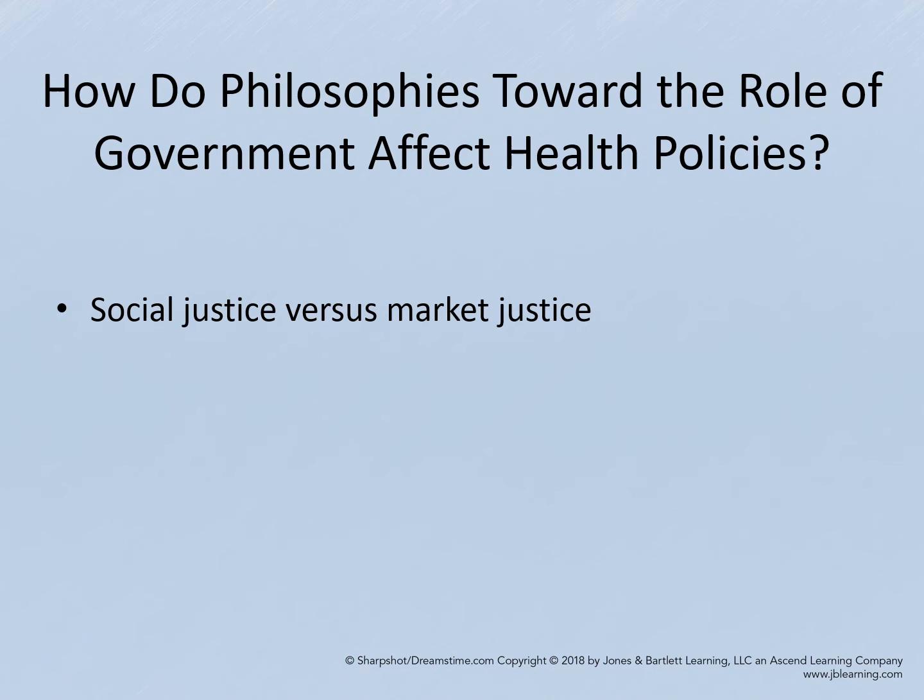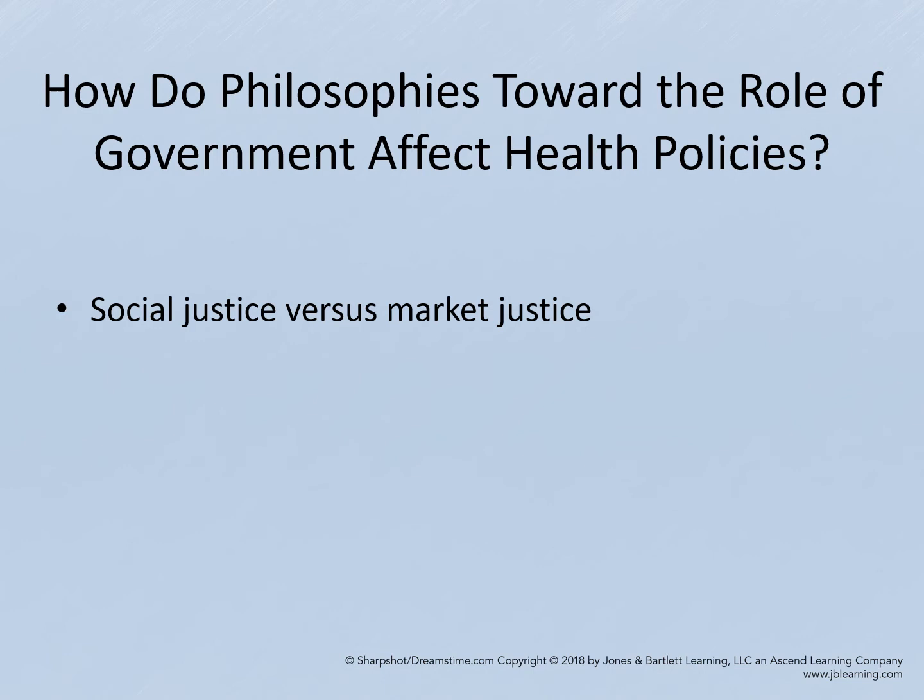The social justice approach views the equitable distribution of health as a social responsibility, whereas the market justice approach emphasizes individual rather than collective responsibility for health. So social justice says that we need to distribute health equally and it is a social responsibility, whereas market justice focuses on individual responsibility for health.